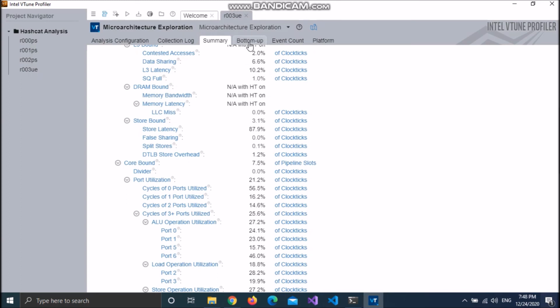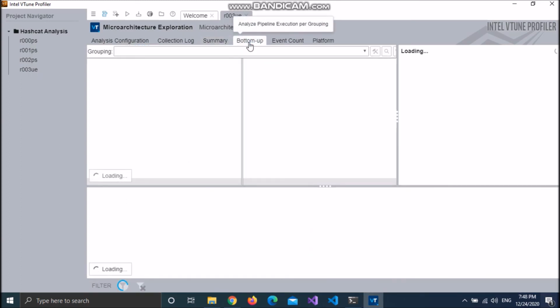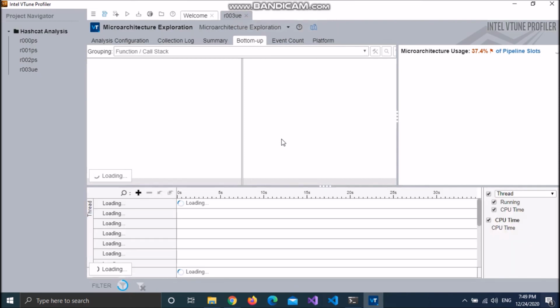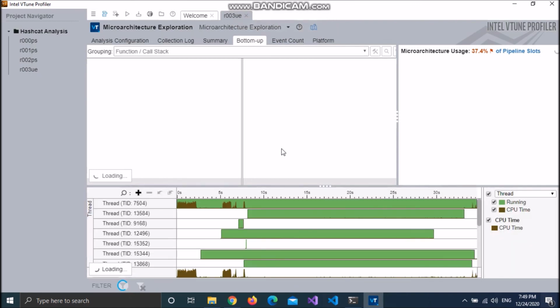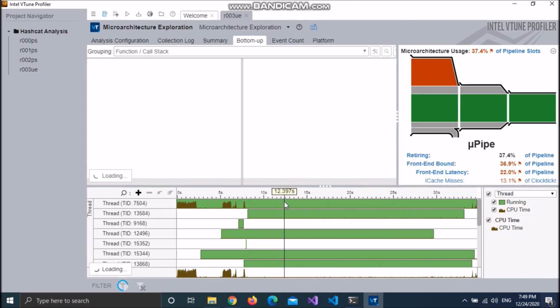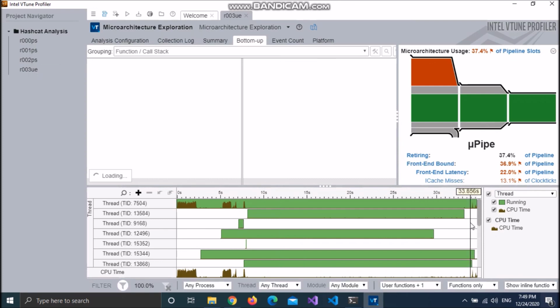And I also have some other tabs here, and basically what these tabs showed were the thread level metrics for this program. So as you can see, threads along with their IDs, and we can see the utilization of each thread.